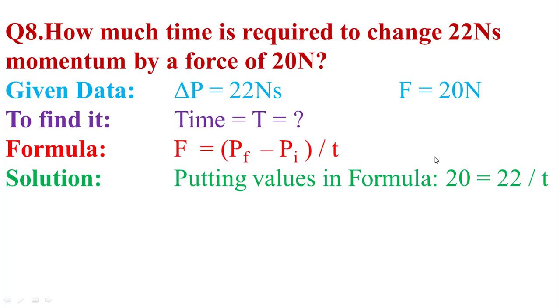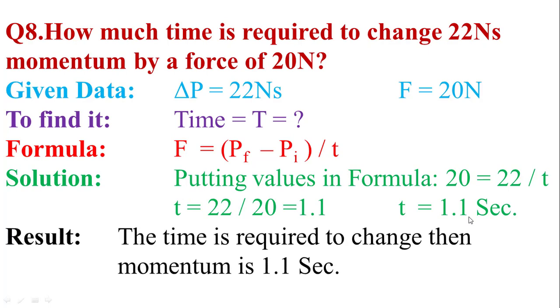Force F is equal to 20 and change in momentum 22 upon T. So T is equal to 22 upon 20, which is equal to 1.1. So time is equal to 1.1 second. Required result: the time required to change the momentum is 1.1 second.